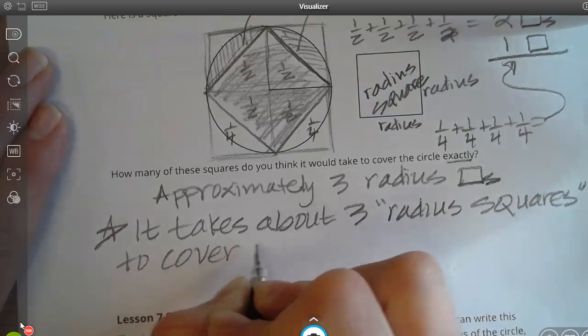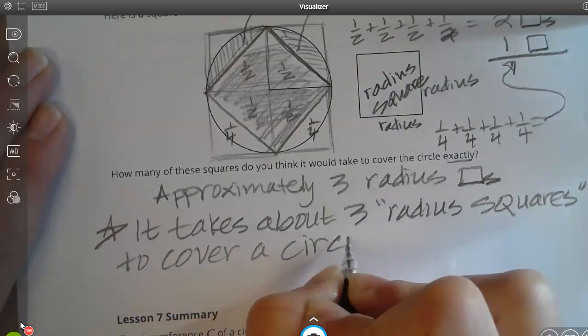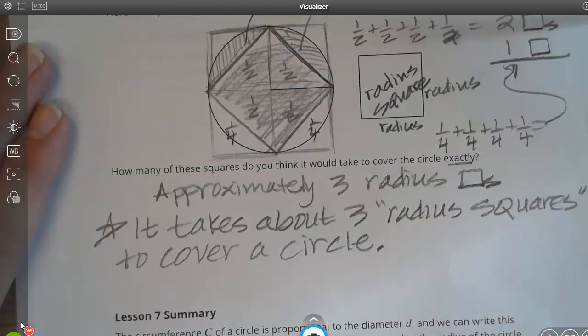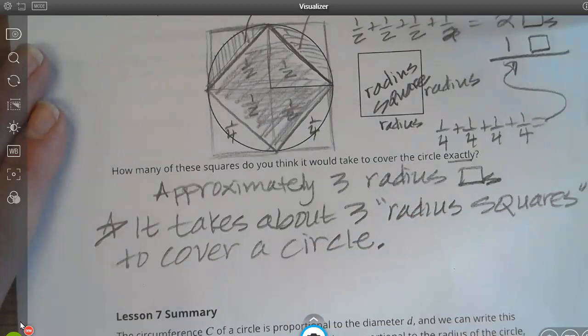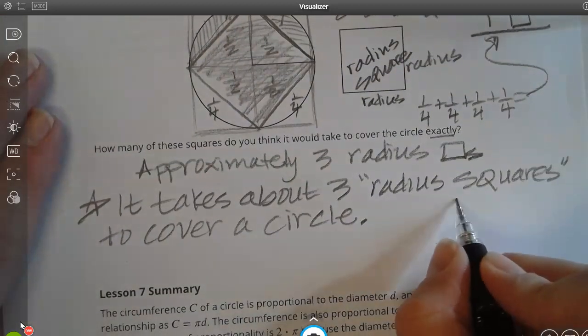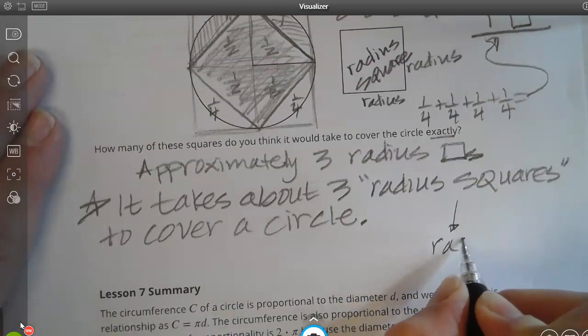And that would be for any circle. So we would take whatever the length of the radius is on any circle and make a square out of it. Well, in math, when we do a radius squared, that's really radius times radius, right?